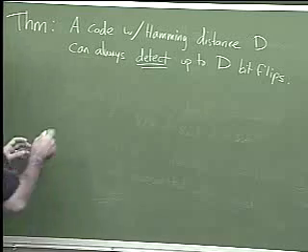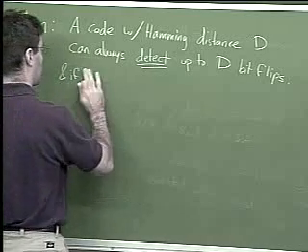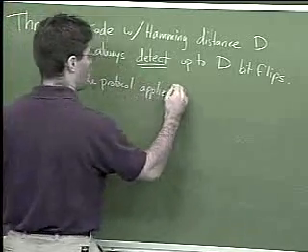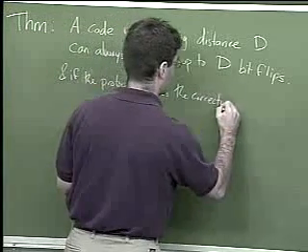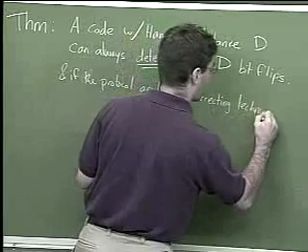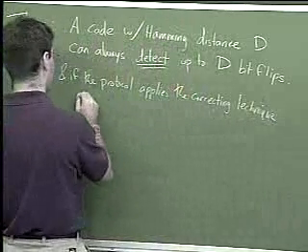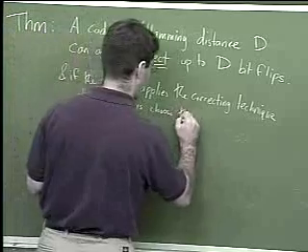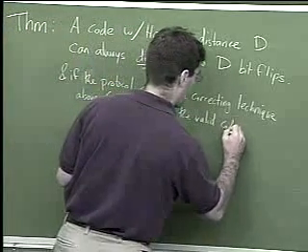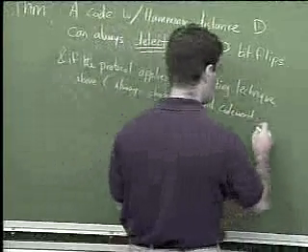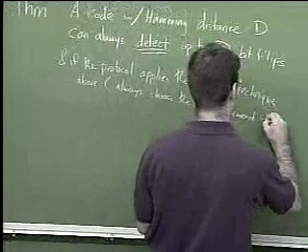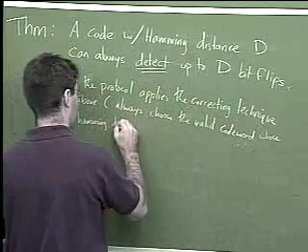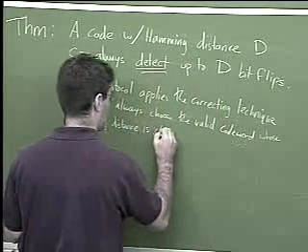And if the protocol applies the correcting technique above, it always chooses the valid code word whose Hamming distance is closest to the received code word.